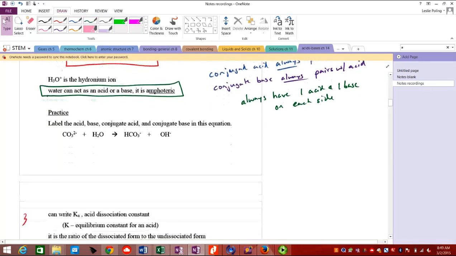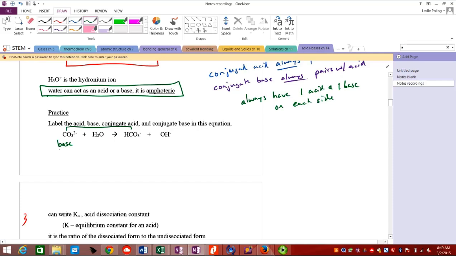So try this. The first thing you have to do is figure out what is a partner. Well, CO3 2- and HCO3- have to be partners. Now this, you'll notice it's getting a hydrogen. It also had no hydrogen to begin with, therefore it doesn't have one to give away.